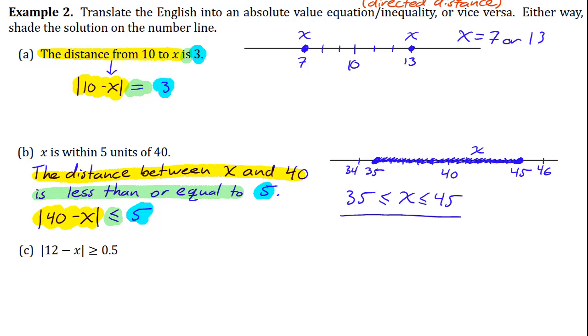Well, let's see. 12 minus x, that is the distance from 12 to x, or you can say between 12 and x, it's the same thing, is at least, is what the greater than is saying, this distance is bigger than or equal to 0.5.